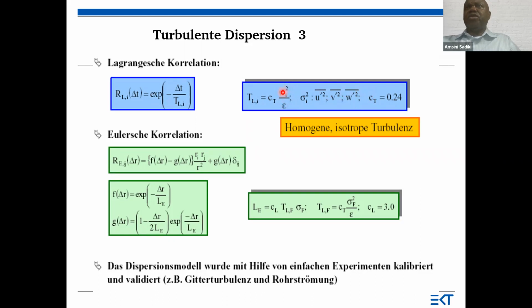It is proportional to the variance here. In this way, this coefficient was calculated or was proposed based on homogeneous isotropic turbulence.